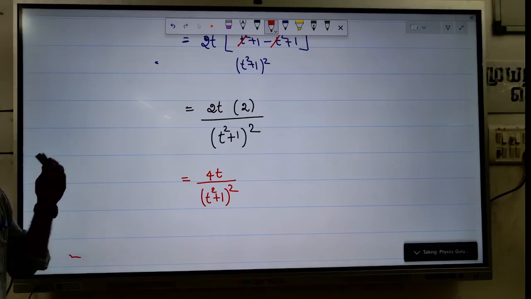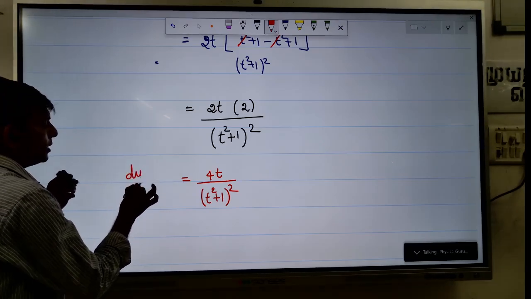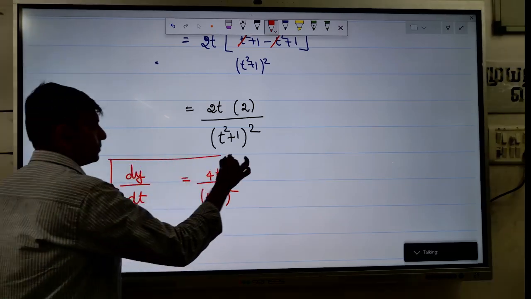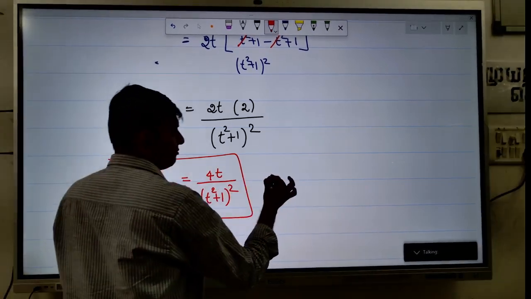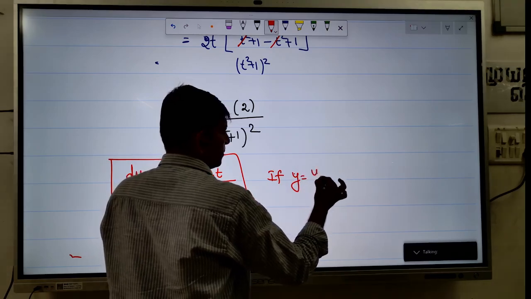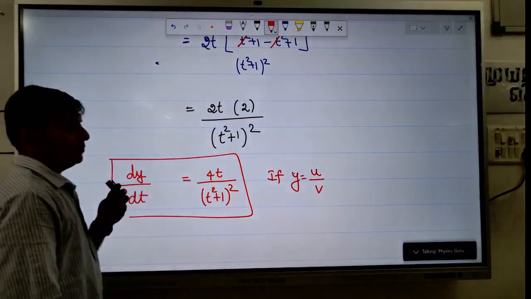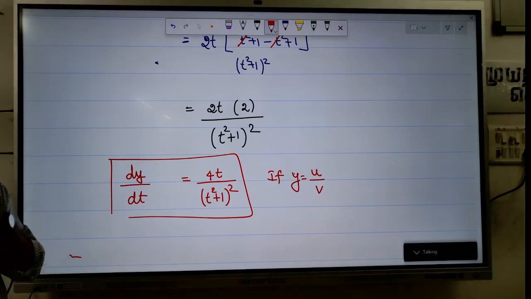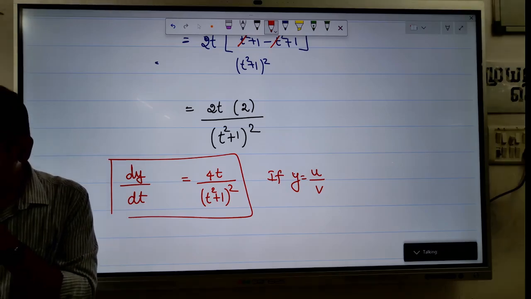Got it? So this is what dy by dt is going to be. Yes? u by v. Okay? u has a value and v has a value. Noted?